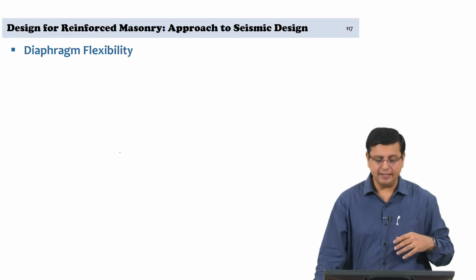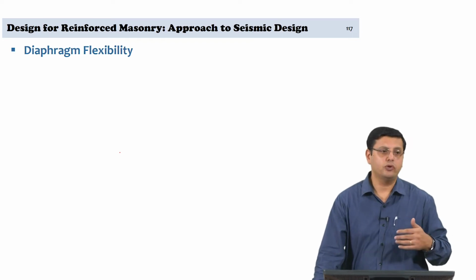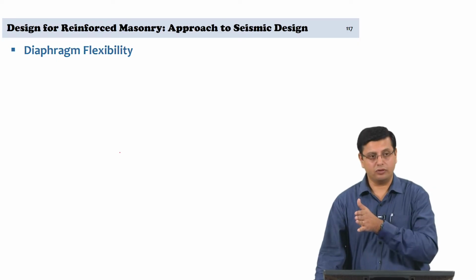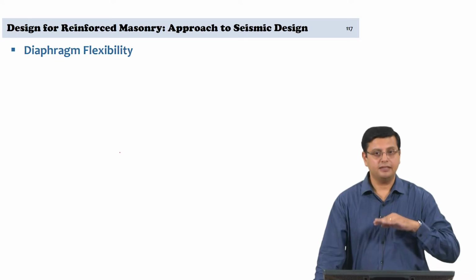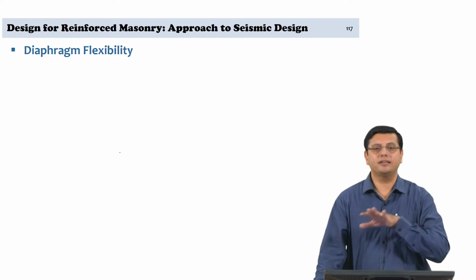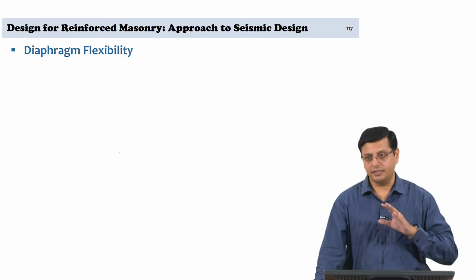However, if you look at other types of floor systems, if you have a timber floor, if you have a timber plus masonry floor, you cannot guarantee rigid diaphragm action in such systems, and therefore, we need to check whether we are falling into the category of definitions of a flexible diaphragm or a rigid diaphragm.